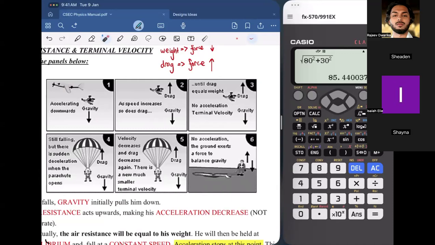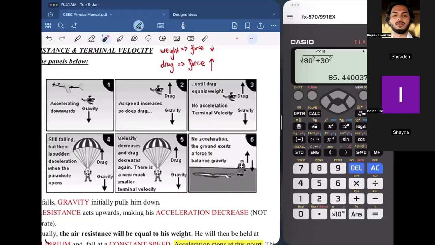So Shay, stay unmuted. Because of gravity, the person would fall down, right? They would, because they would have weight. So weight would be acting downwards, and as they fall, if you're accelerating, what's going on with your speed? It increases. Right? So as your speed increases, so does the drag. So your weight is pulling you downwards, and the drag is pulling you upwards.